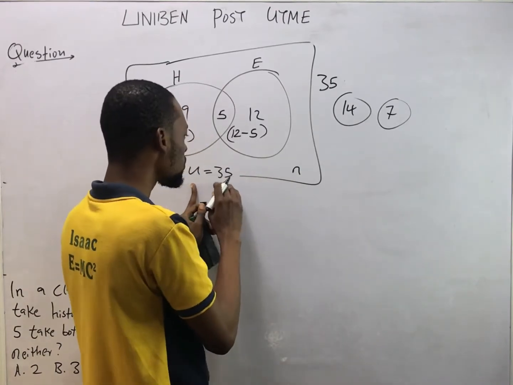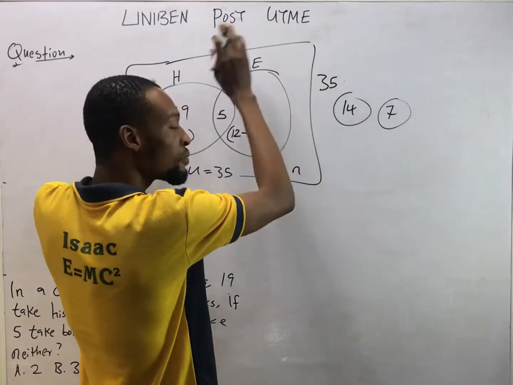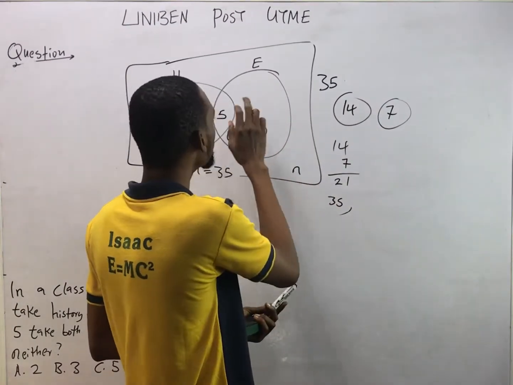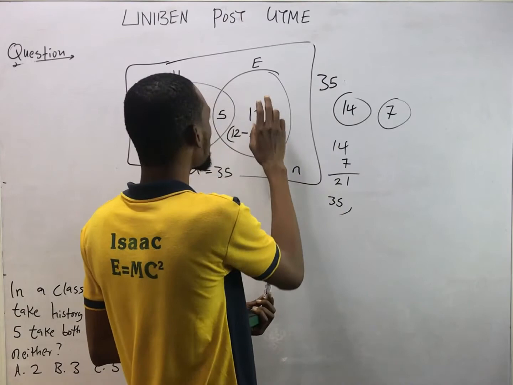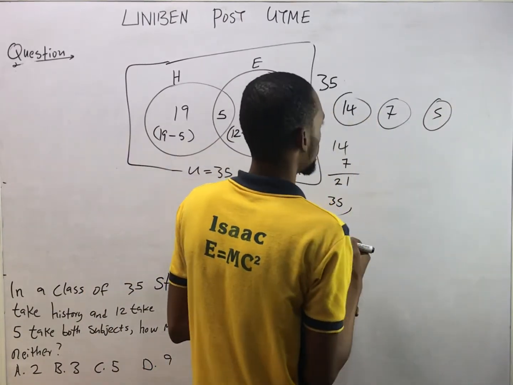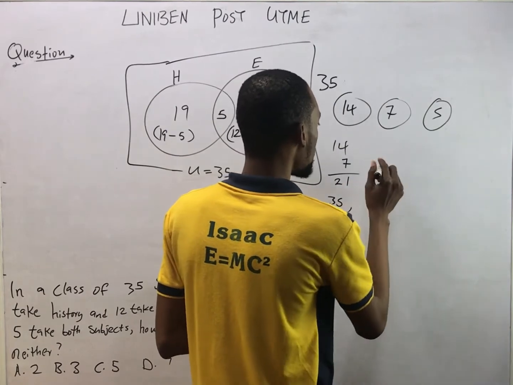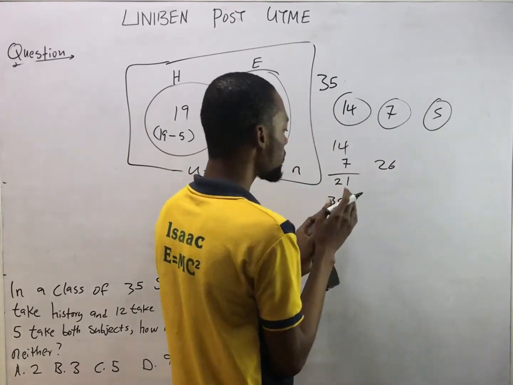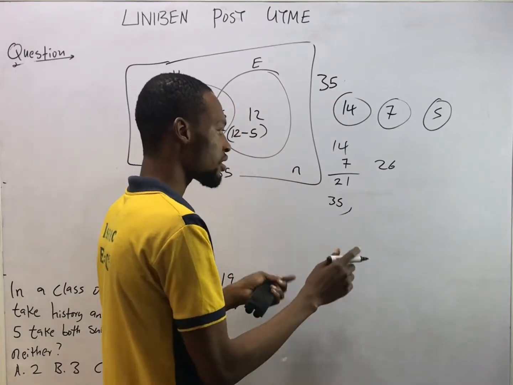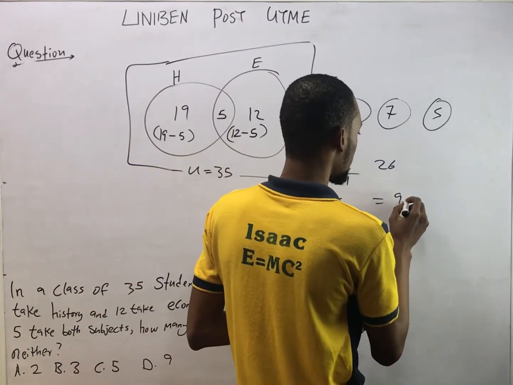Now, these are those who take everything, everybody in the class, 35. Those who take history alone, those who take economics alone, and those who take both of them. So this will be 21 plus 5, that's 26. When you subtract from everybody in the class those who take courses, you'd have 9.